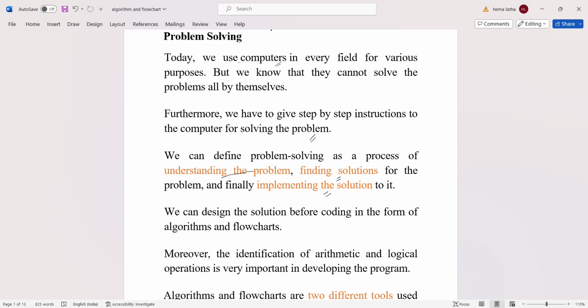If you want to write programs, and a program is nothing but coding, first it should be written in the form of either an algorithm or a flowchart. That part only we are going to discuss in detail in this video. For any kind of arithmetic or logical operations, first we have to develop the step-by-step process.